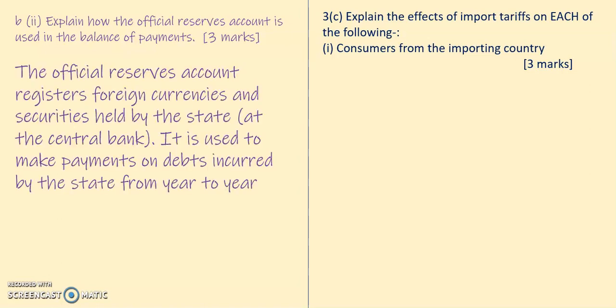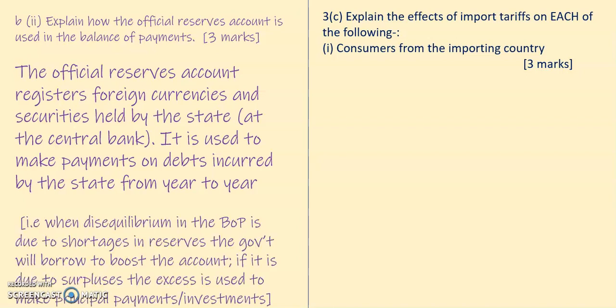So the official reserves account registers the foreign currencies and securities held by the state, by the government, through the central bank. And it is used to make payments on debts incurred by the state from year to year.